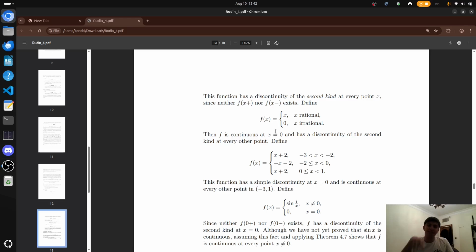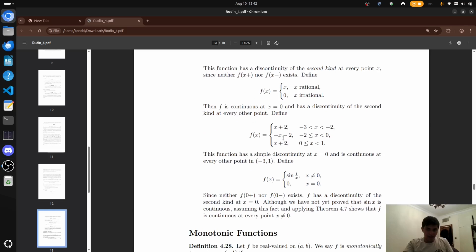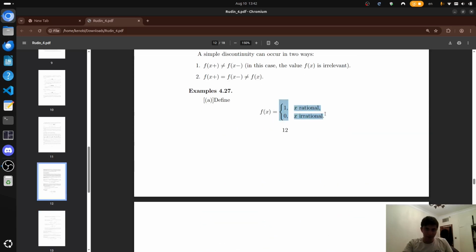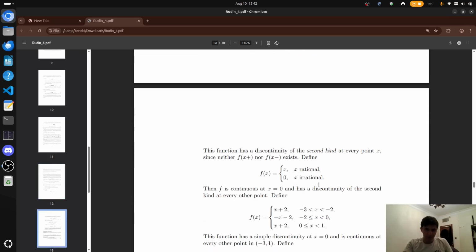There won't be any discrete jumps between 0 and a point near 0, from right and left. From right and left, it's going to be the same thing. It's going to 0, right? Because the function x goes to 0 and this also goes to 0. Every other point has a discontinuity of the second kind, because it's going to be similar to the previous example, so there won't be any left or right limits.